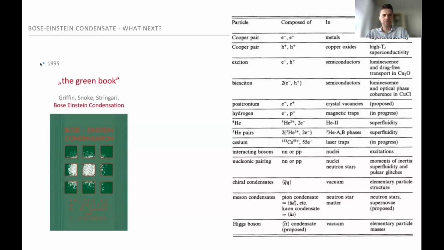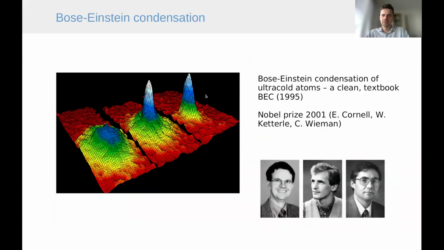But this was in 1995, and in the same year, a very important experimental result was obtained, namely the BEC of ultra-cold atoms. Why is it so important? Because it's a very clean textbook example of BEC. In this case, we can observe all the predicted features, including macroscopic occupation of the ground state, which was not possible in superfluid helium.